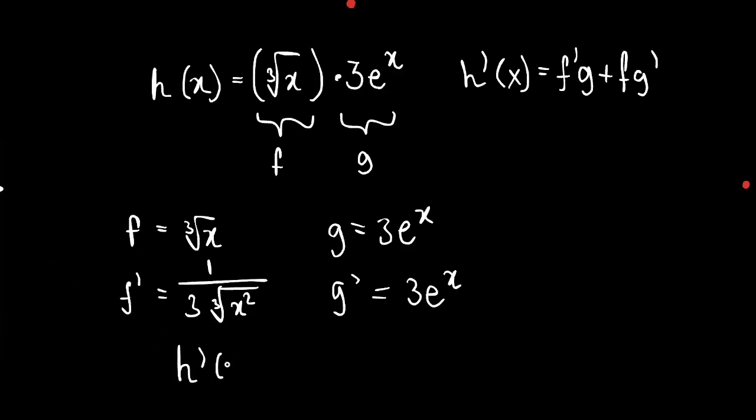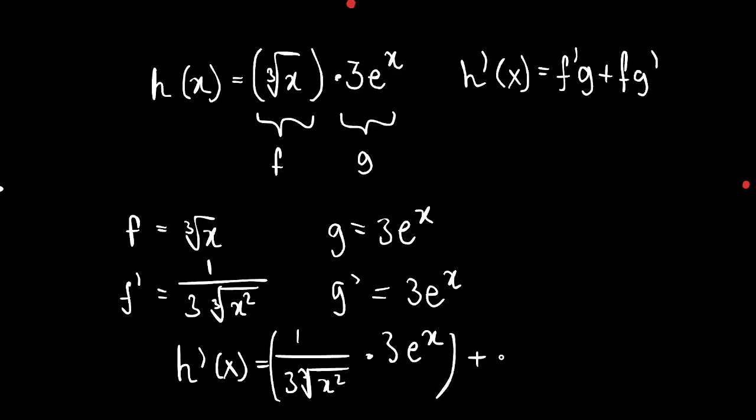So our h prime of x is going to be f prime, which is 1/3 times the cube root of x squared, times g, which is 3 times e to the x, plus our f, which is the cube root of x, times the g prime, which is 3 times e to the x. So this is going to be our answer here.